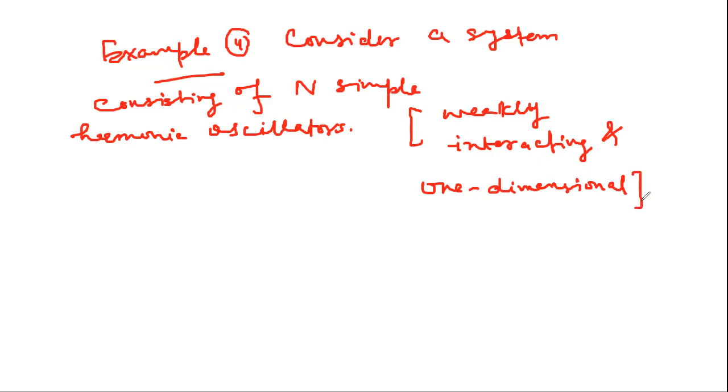So if I have a system consisting of n simple harmonic oscillators which are weakly interacting and are oscillating in one dimension, then the quantum state of this system can be specified by the set of numbers n1, n2, up to nn, where the quantum number ni refers to the ith oscillator and that can assume the values 0, 1, 2, 3, and so on.